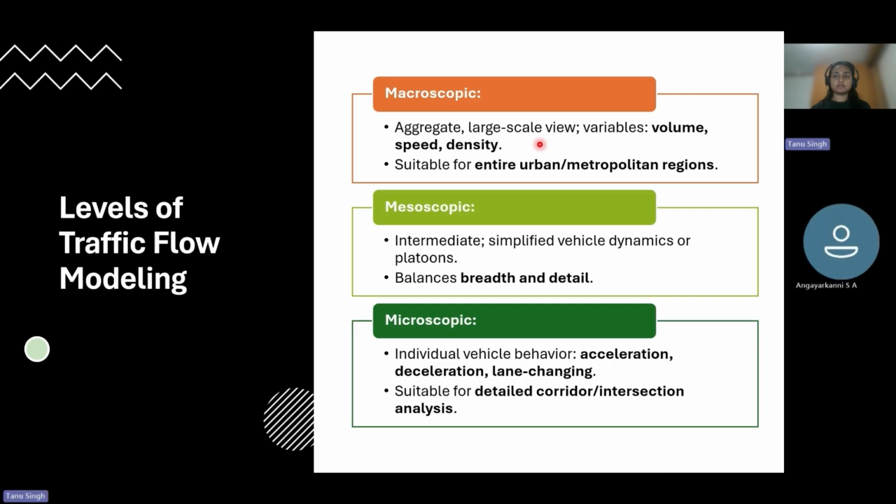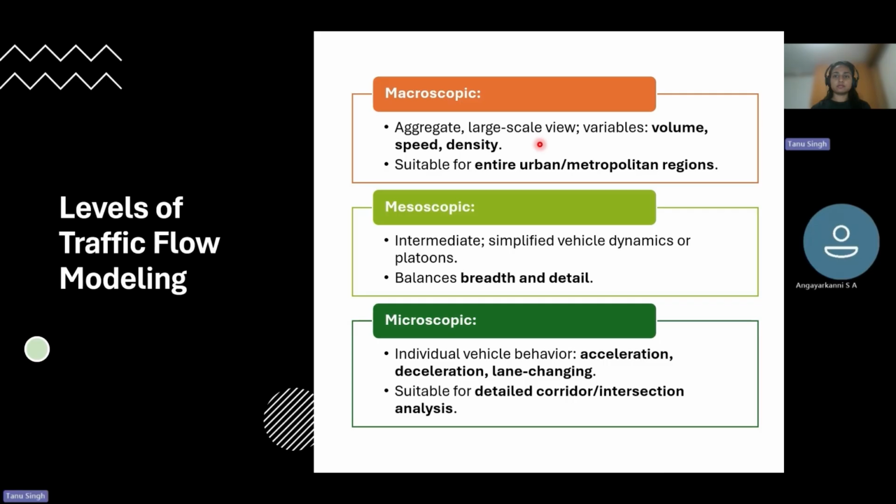Now coming to the third level, the microscopic, which models individual vehicle behavior, including acceleration, deceleration, and lane changing. It is ideal for detailed analysis of an intersection or corridor. So these are the three levels of traffic flow modeling: macroscopic, mesoscopic, and microscopic.